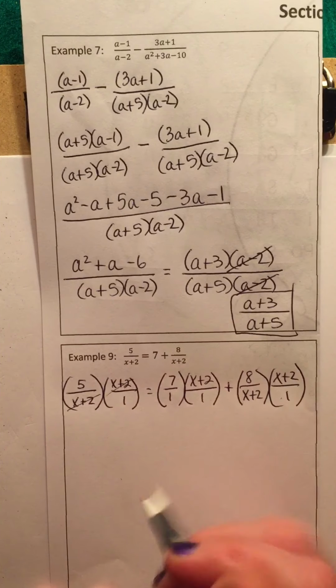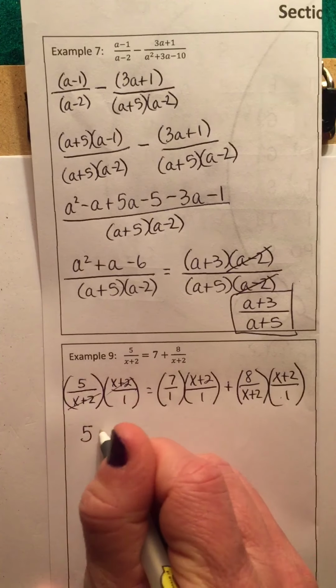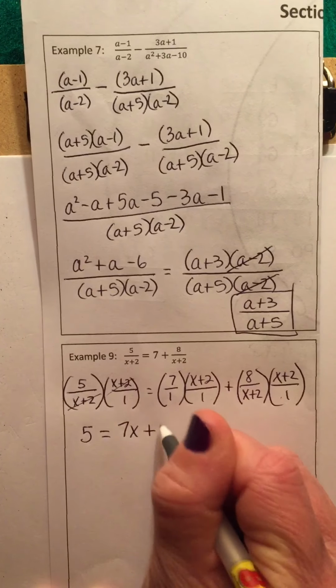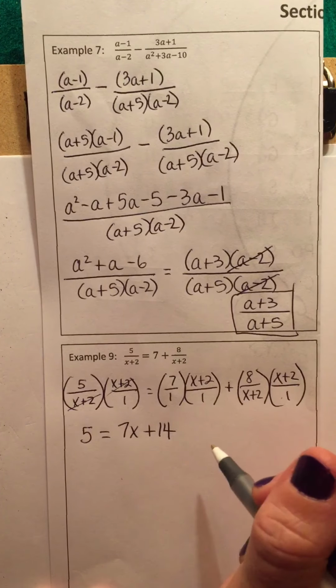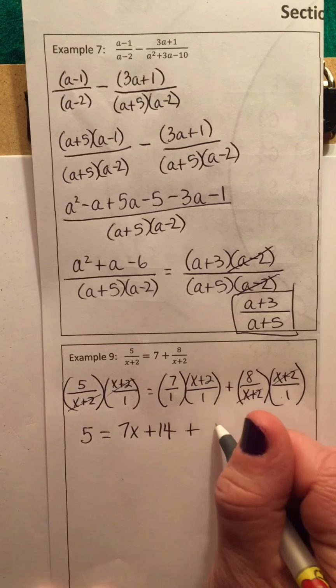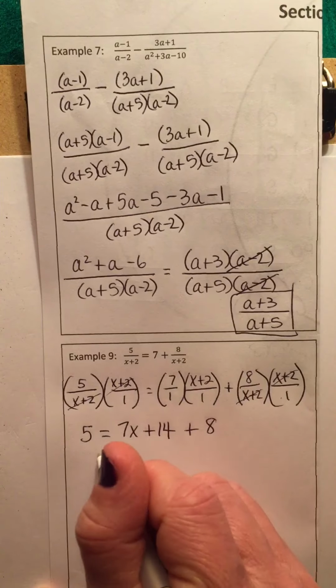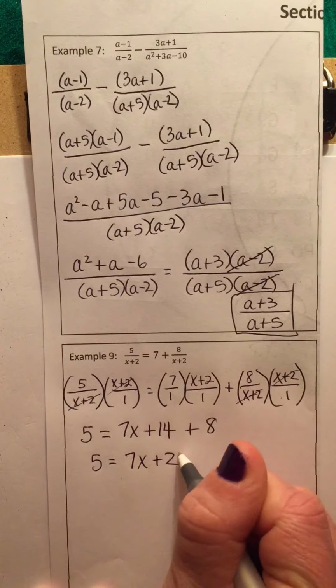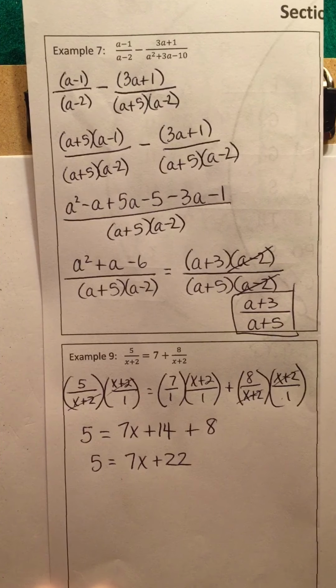Dividing before we multiply, get 5 equals, distribute here, 7x plus 14 plus, again, divide before you multiply, 8. 5 equals 7x plus 22. No fractions anymore.